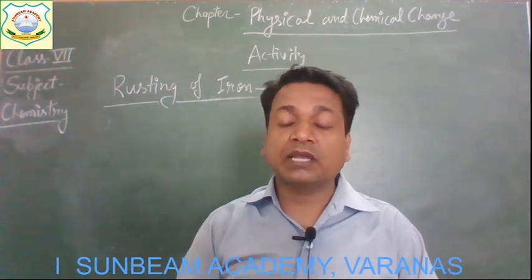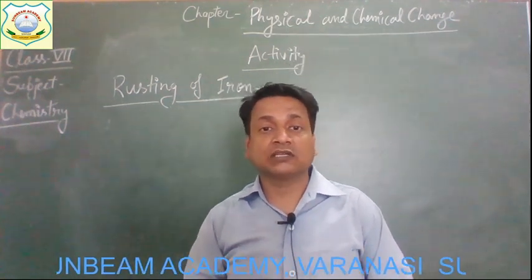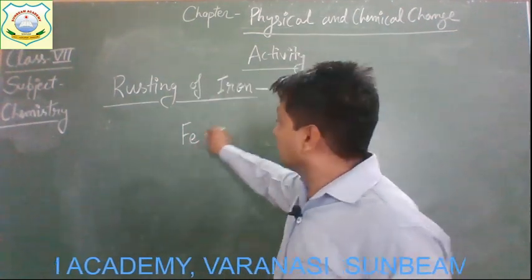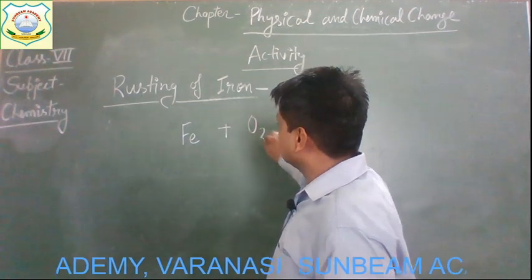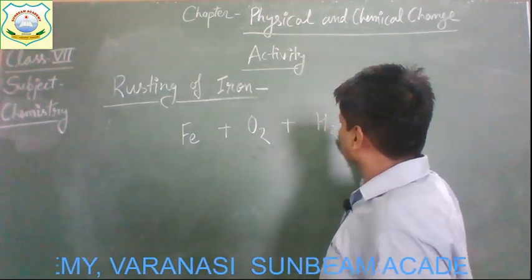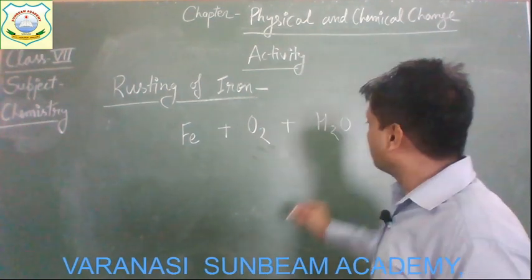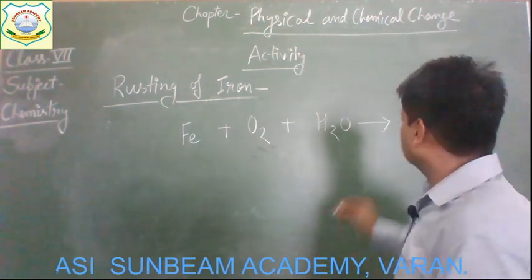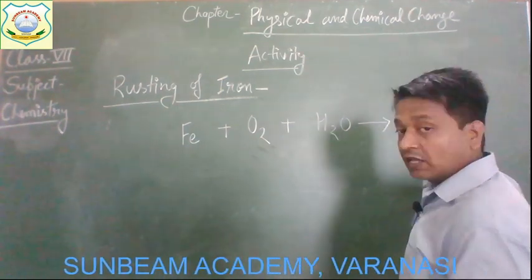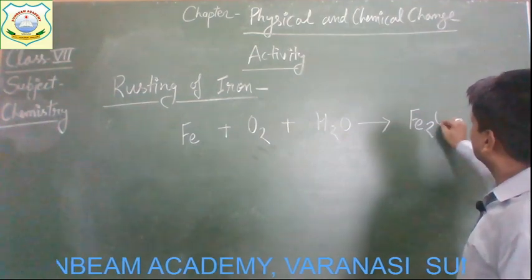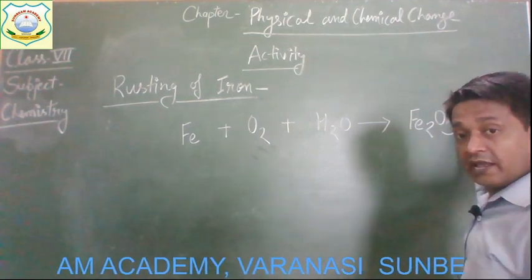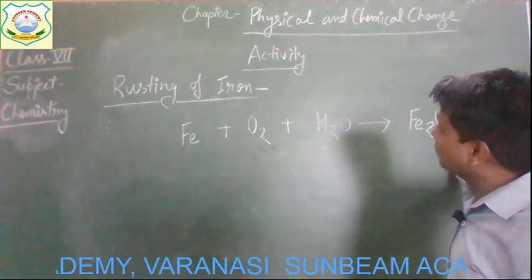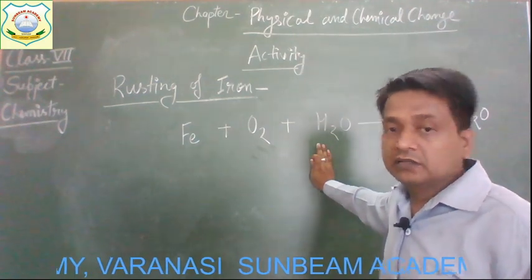Children, the chemical reaction that takes place in rusting is: when iron reacts with oxygen and water, it forms a new substance that is iron oxide, Fe2O3 into H2O, and the amount of water will depend on the water content present in air.